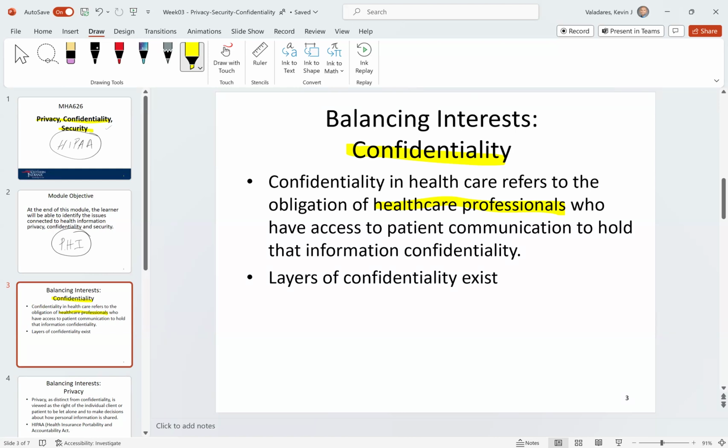But the key part of that is related to the layers that exist. We all know that there are layers of confidentiality in healthcare.